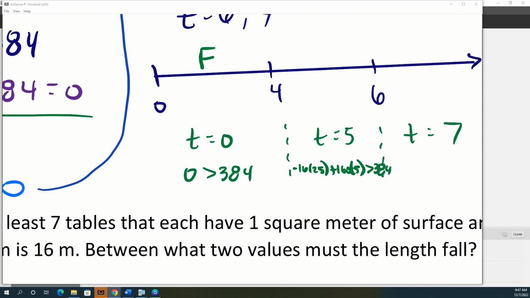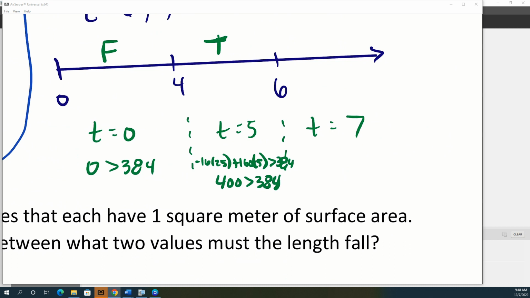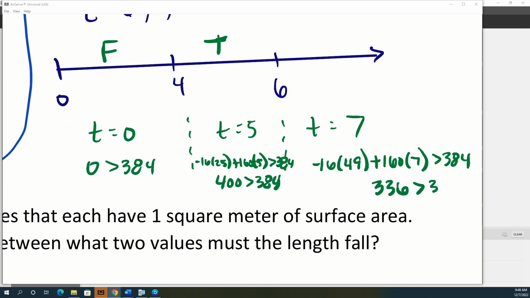And I did this before, and I got that 400 is greater than 384, which is true. Right, and then when we put in 7, we get 336 is greater than 384, which is false.